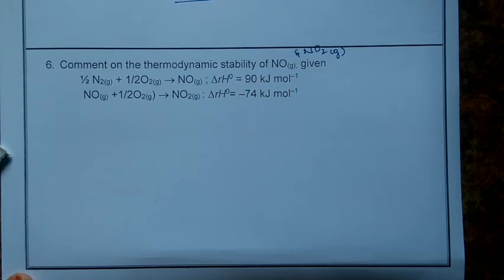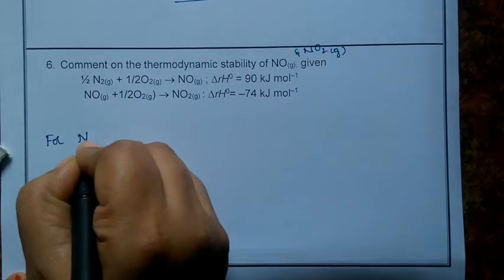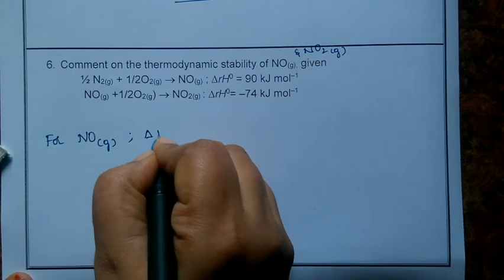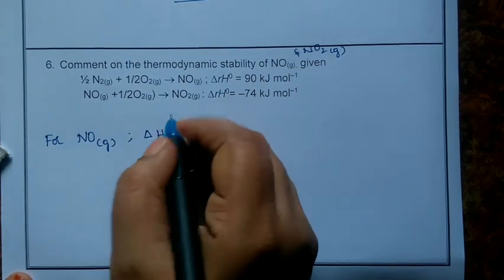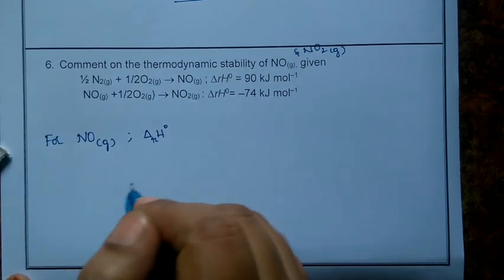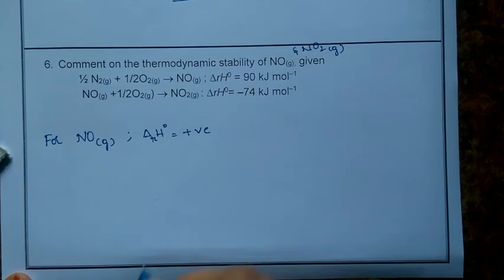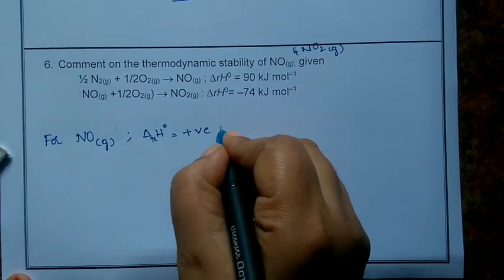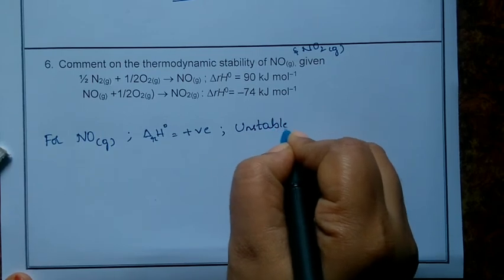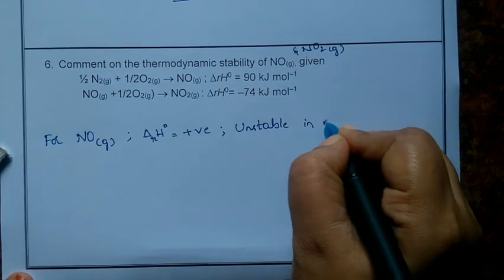If you check for NO, what about the delta H value? Delta rH naught is nothing but the enthalpy of reaction, and the enthalpy of reaction is positive here. If it is positive, that means the formation of NO is unstable in nature.